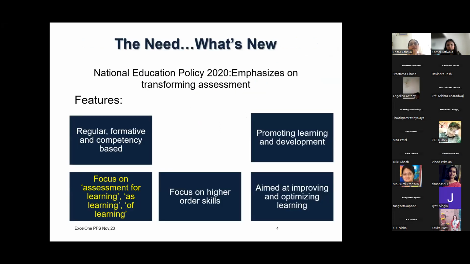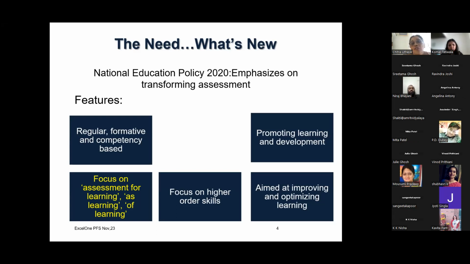Okay, now why do we need to take a relook at our assessments? So the National Education Policy 2020 is emphasizing on transforming assessments, and they're looking at regular formative and competency-based assessments. The focus of assessment will be for learning, as learning, and of learning, and I'm going to be explaining that to you a little later.